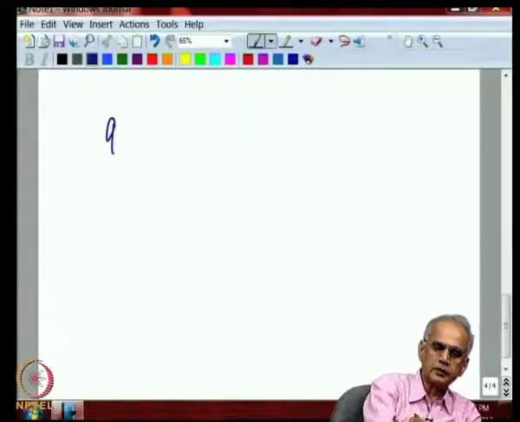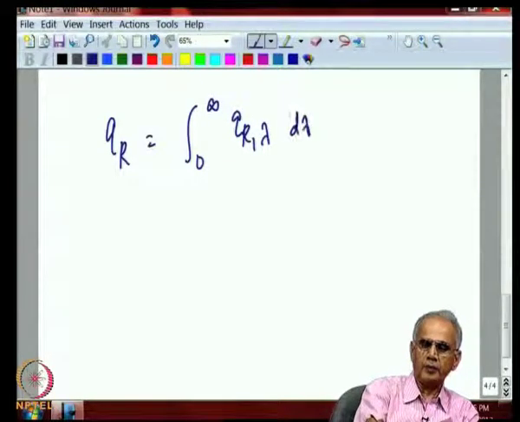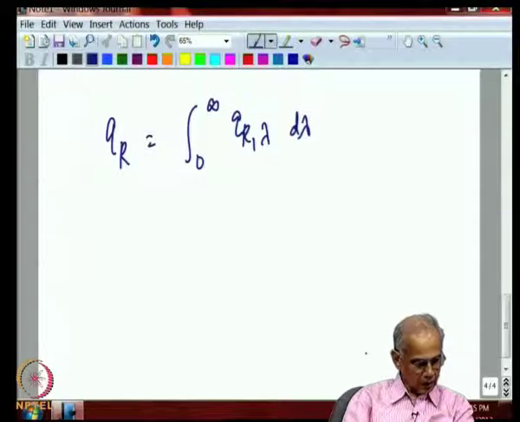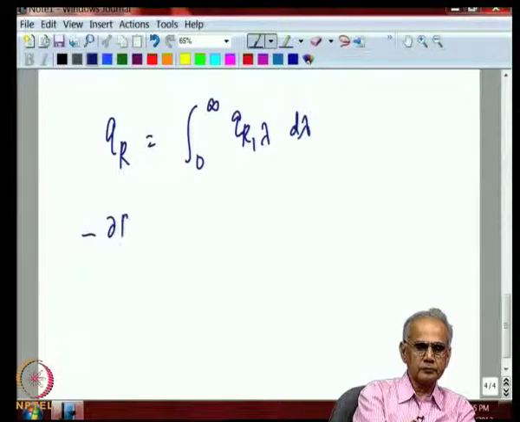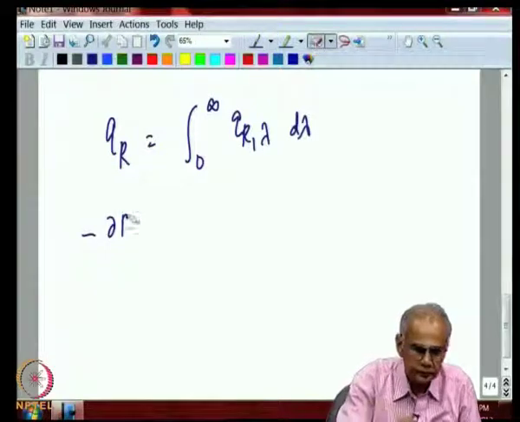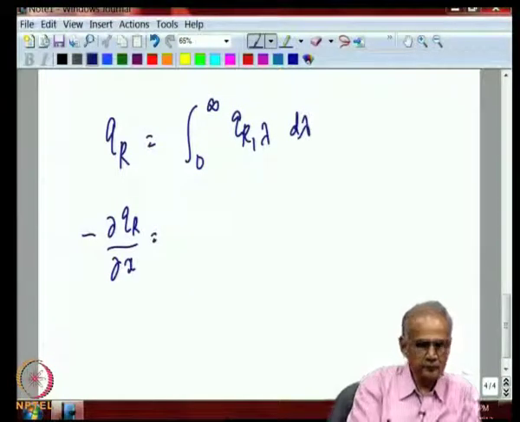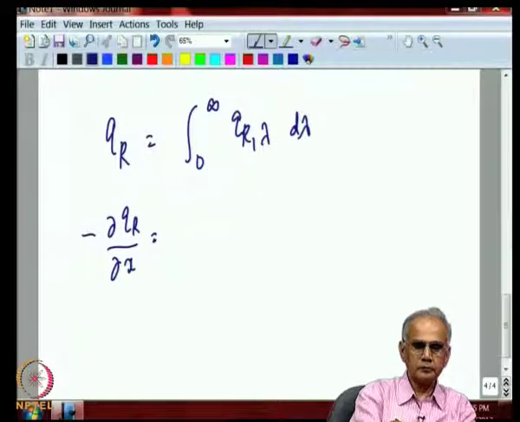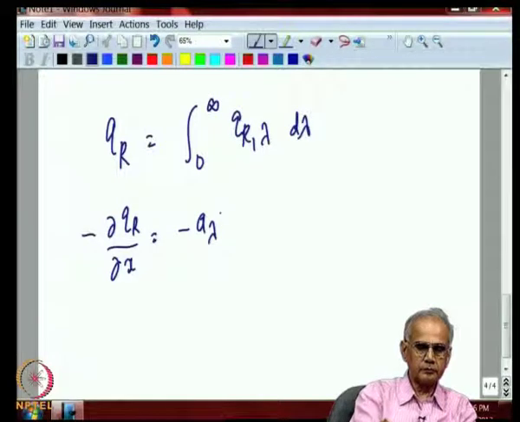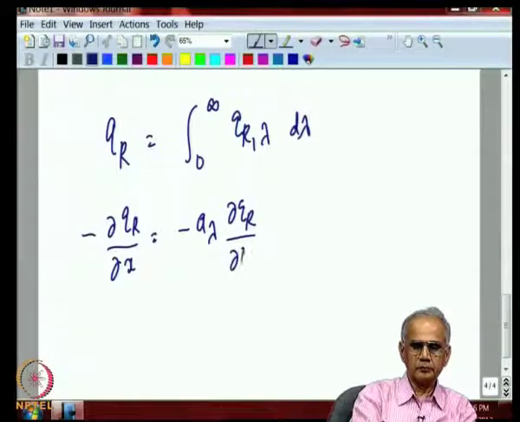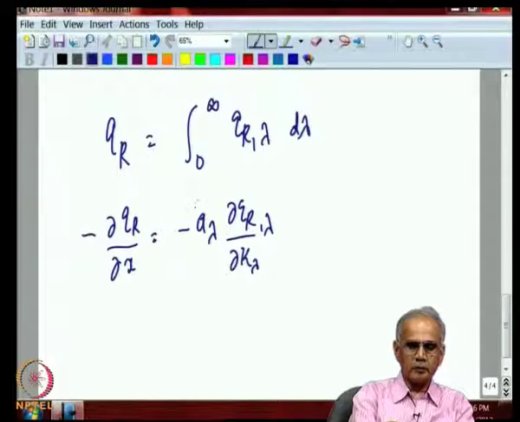So, all of you know that the total radiation flux is the integral from 0 to infinity of q r lambda d lambda, and therefore one can write this quantity integrated over all wavelength.